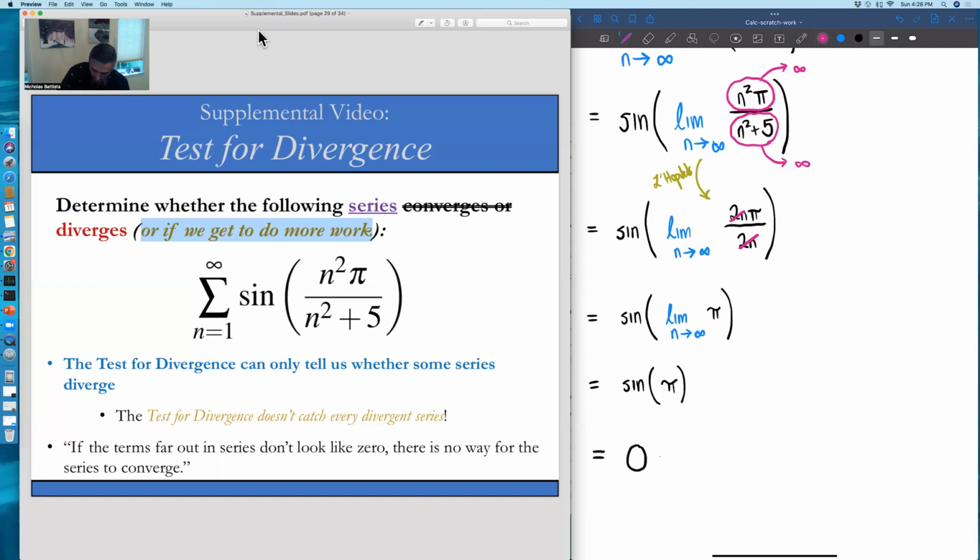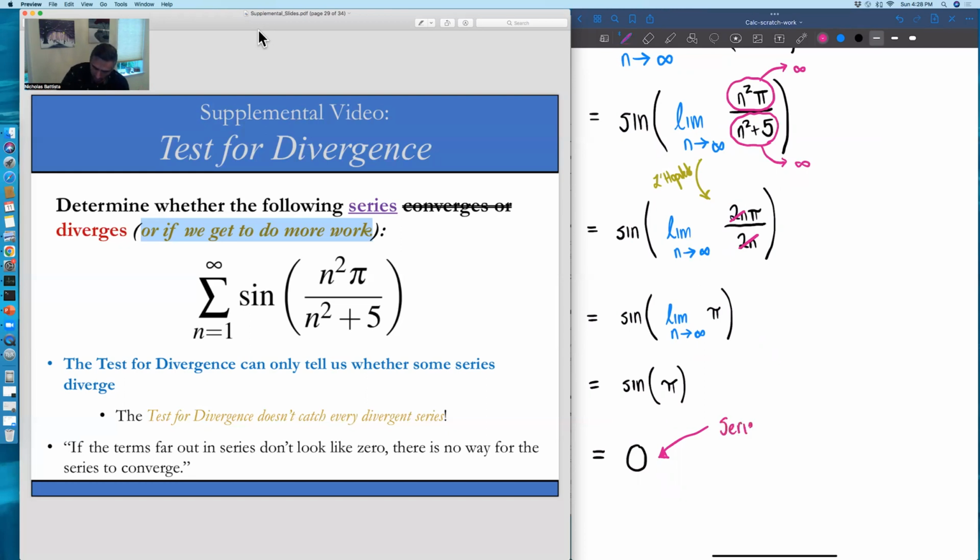So what does this mean? Well, what this means is the terms really far out in that sum, they all start looking like 0. But it doesn't guarantee whether that series or that infinite sum converges or diverges. So because this limit is 0, all this says is this series passes the test for divergence, so we get to do more work.